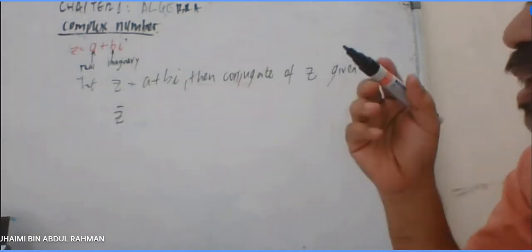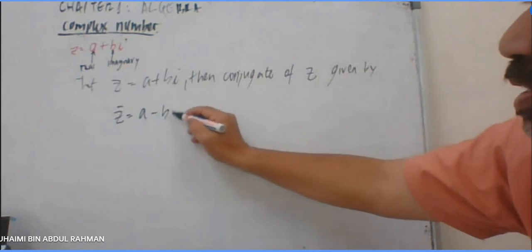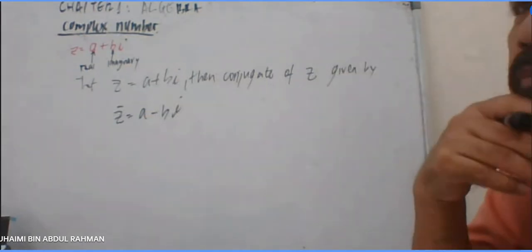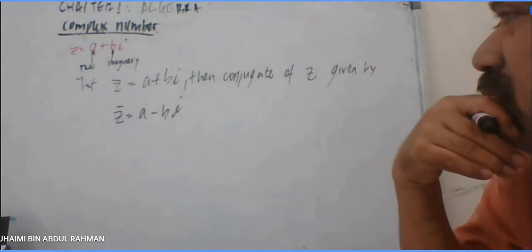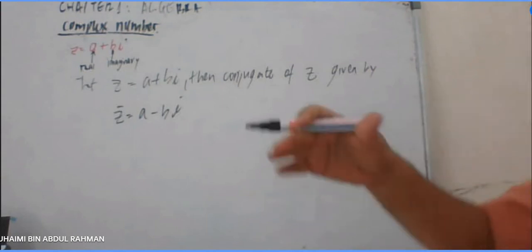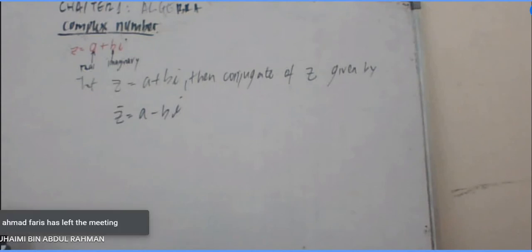Z bar here means the conjugate of Z, A minus BI, instead of A plus BI. So we need the conjugate in order to perform the operation of division of complex numbers.